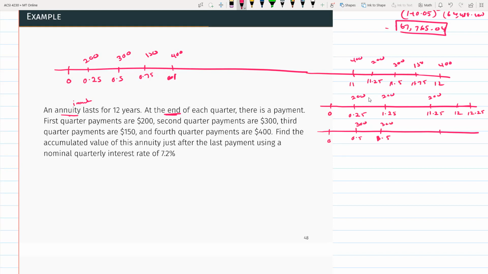So fourth, you can calculate 11.5, 300, 12, 12.5. Okay. Same goes the other one.